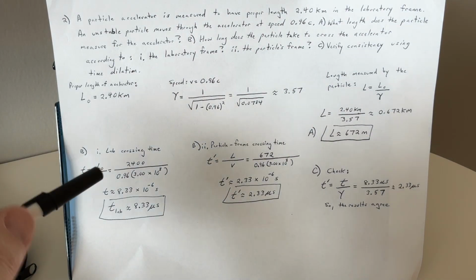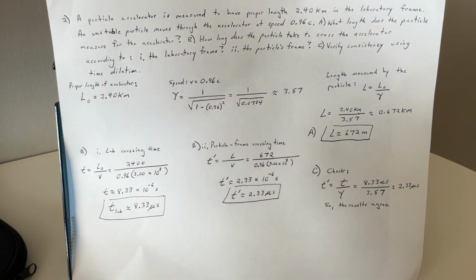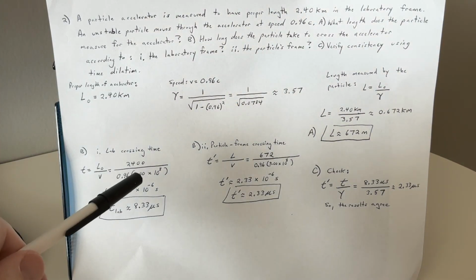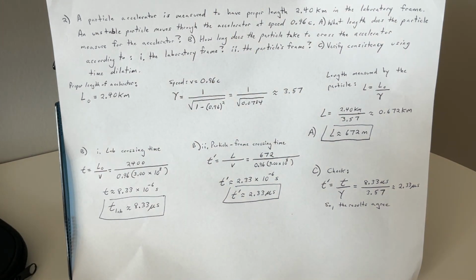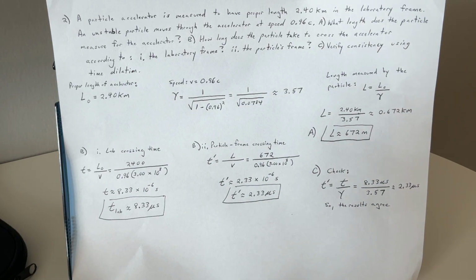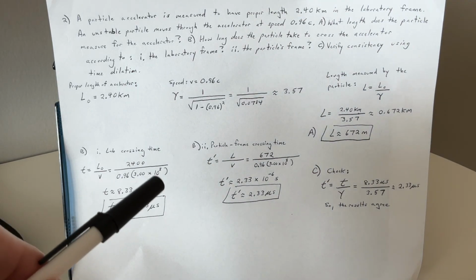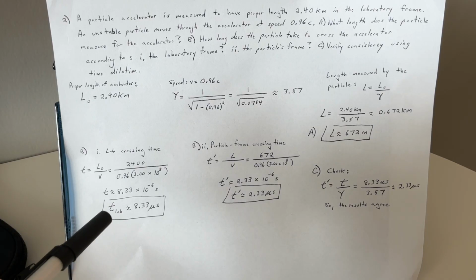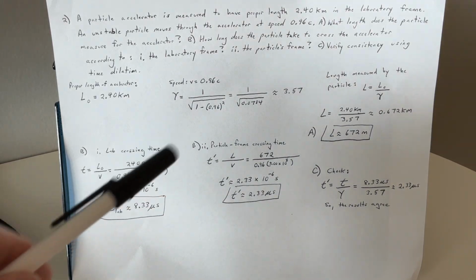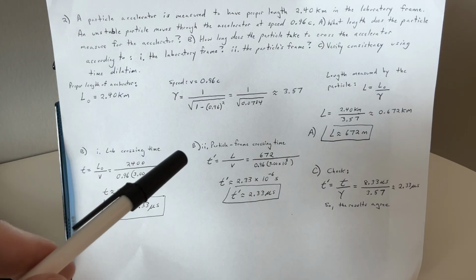That's going to be 2400 divided by 0.96 times the speed of light, 3.00 times 10 to the 8th. And that comes out to t equals 8.33 times 10 to the negative 6 seconds. That's fine in terms of seconds.